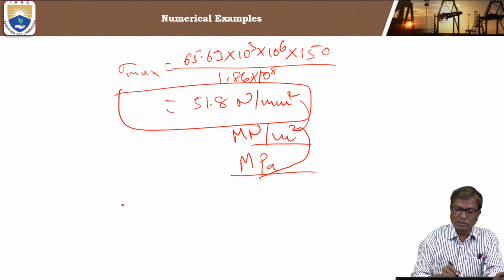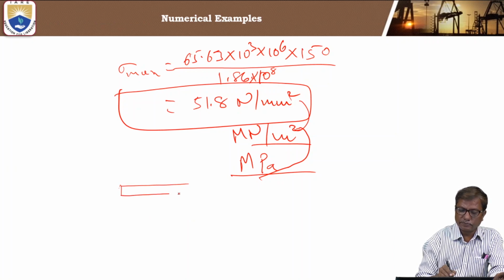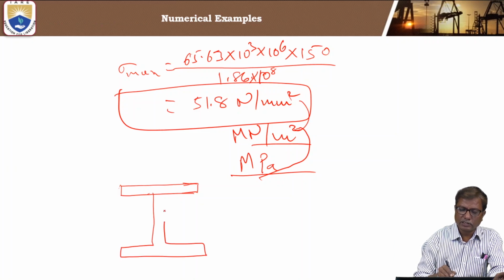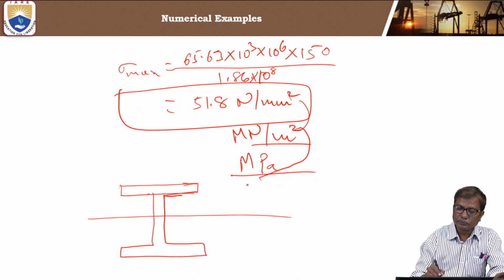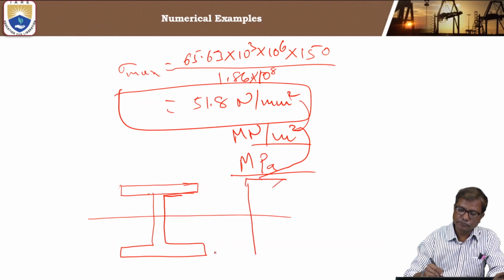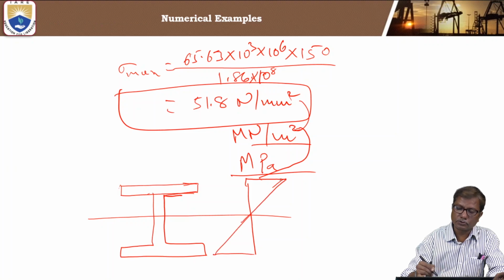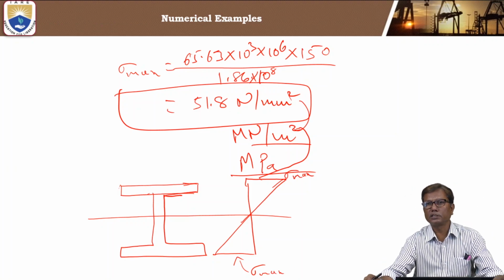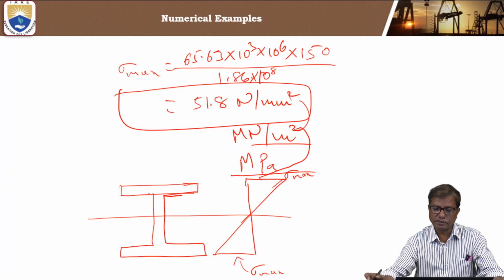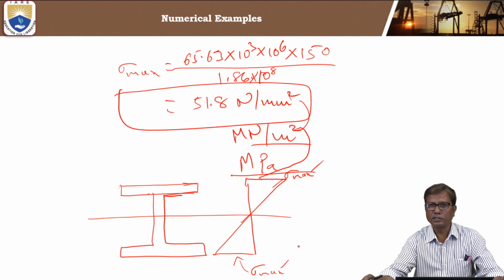If you draw the bending stress diagram, it varies linearly. The maximum stress will be at the extreme fiber, bottommost or top. This is sigma maximum. In this particular case, the top and bottommost layers are at the same distance, so the stress will be the same at the bottommost and topmost fibers, which is 51.8 Newton per mm square.